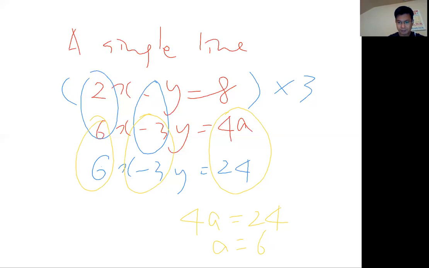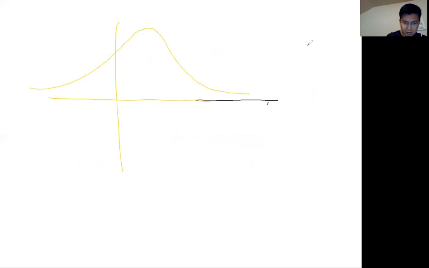Now, asymptotes. We have two different types of asymptotes. Asymptote means infinitely getting close to some point. Let's say you have a graph of this, then the horizontal asymptote is getting close to this and this.